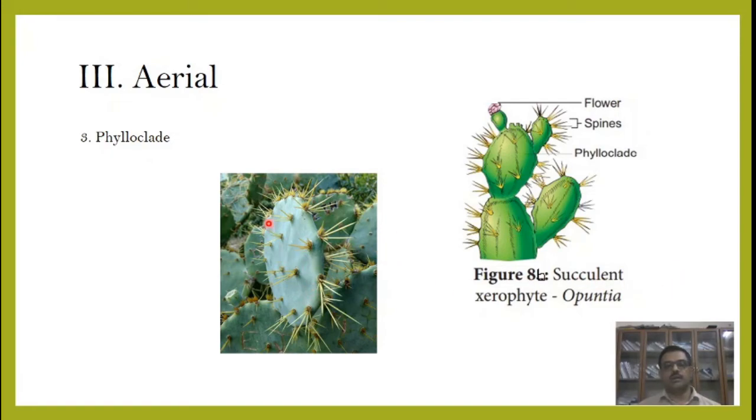They store water in them, so they are fleshy with storage of water in them, and they are flat structures. So these are the phylloclads. They are flat, fleshy, water storing, green colored stems possessing chloroplast performing photosynthesis, and are found in plants growing in the deserts.